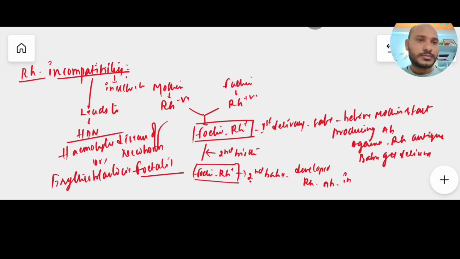The mother already developed Rh antibody against the first due to the first pregnancy. Hence the Rh antibody kills the fetus, anti-Rh antigen. Then it leads to a disease called hemolytic disease of the newborn, or erythroblastosis fetalis. So the first baby is safe, but the second baby gets killed if the second baby has Rh positive.